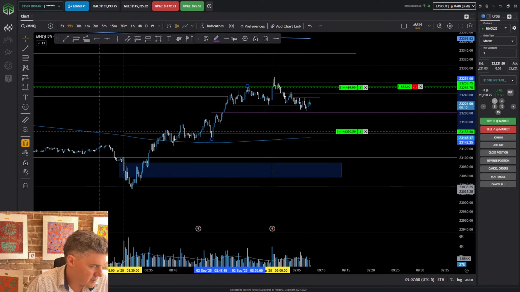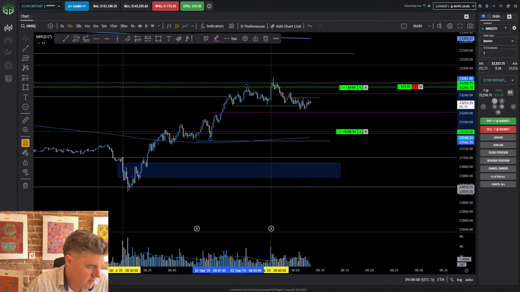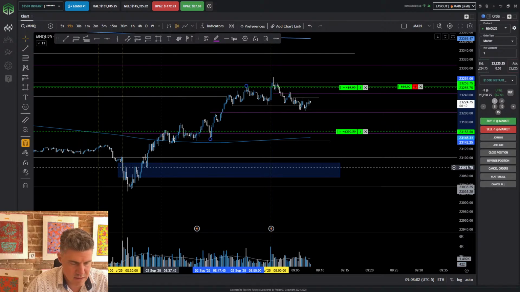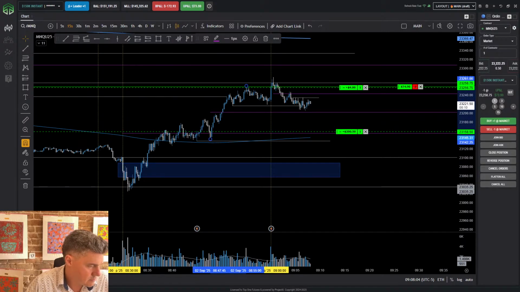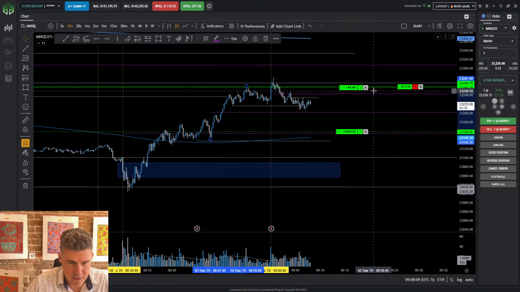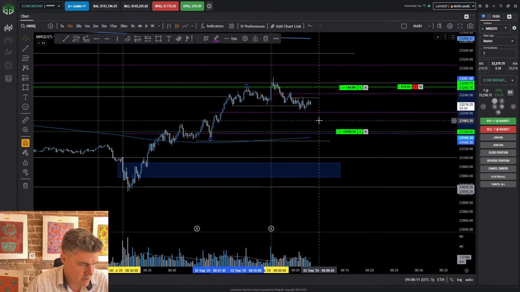Ooh, the 5 minute chart did put in a reversal here. It's the 1 minute chart too, but that 5 minute chart. Let's see what the 15 looks like. The 15 is a little less decisive. The 1 hour looks pretty good for a half decent retracement.